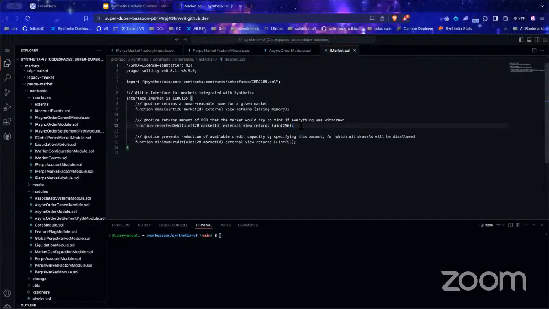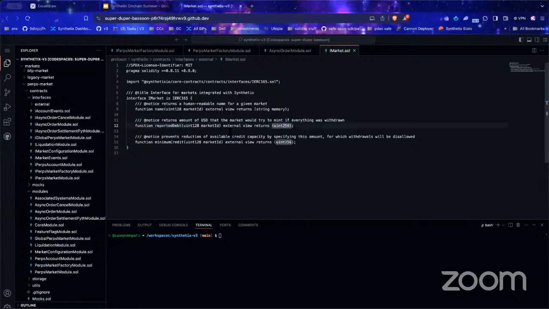You still want to report that debt up to the system so the LPs know about the incoming debt they might incur. You can return zero here if there's no debt to be reported.